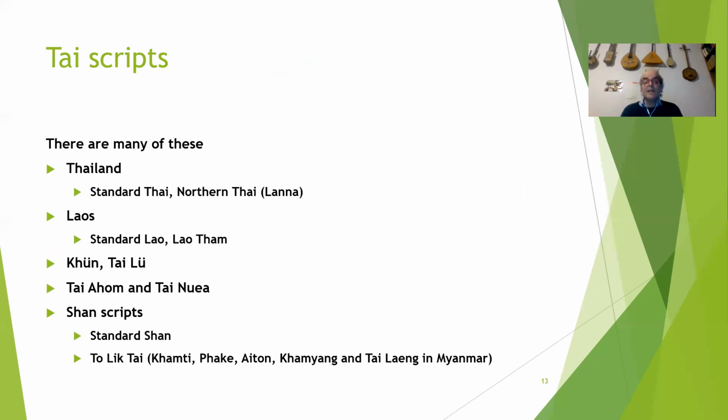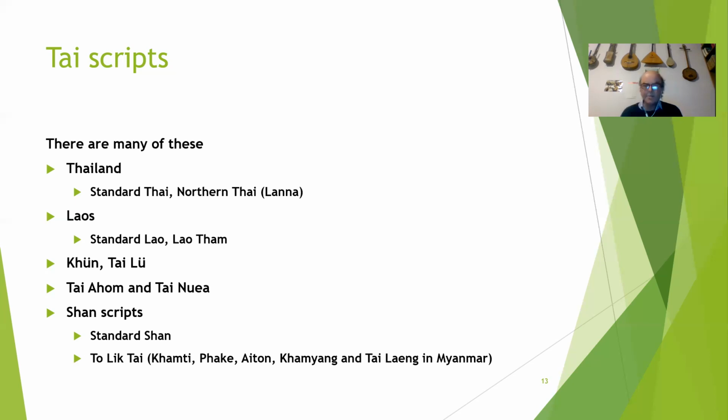There are so many of these. There are scripts of Thailand, Standard Thai, but also Northern Thai or Lanna, which is a very different system. There are the scripts in Laos, Standard Lao, which is different from both Northern Thai and Lanna, and Lao Tam, which is a bit like Lanna, but still very different. Then there's the Khun and the Tai Lu. And then there's the Tai Ahom and the Tai Nua, or the Dehong scripts.